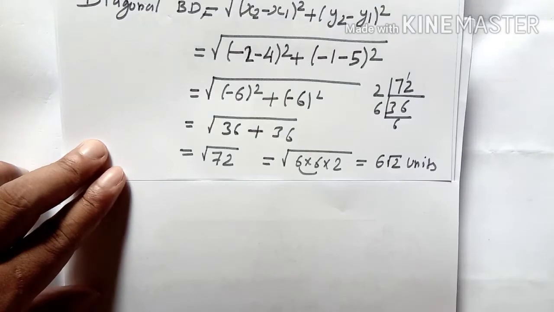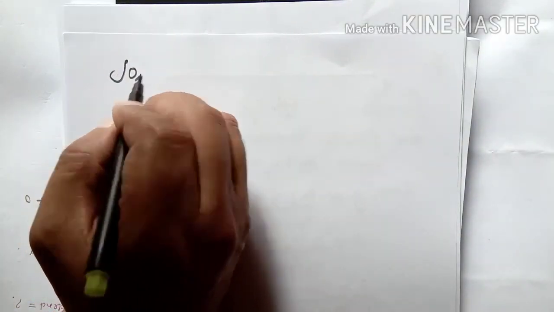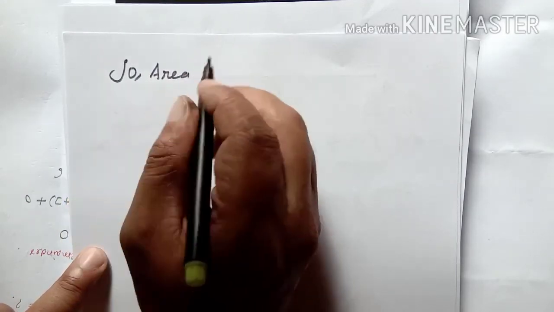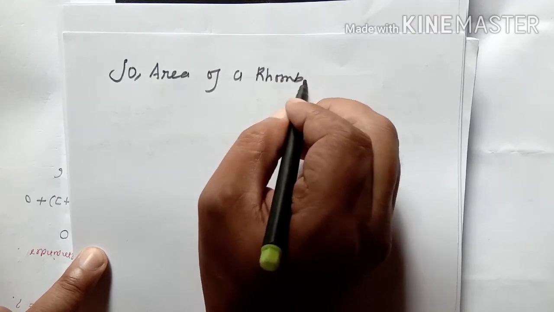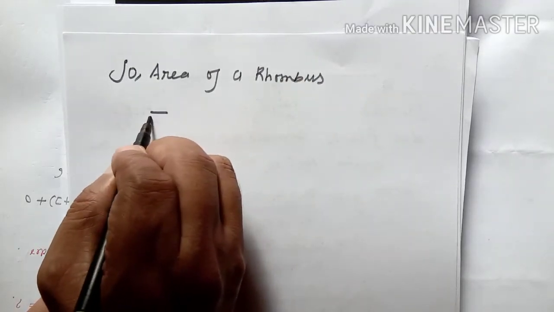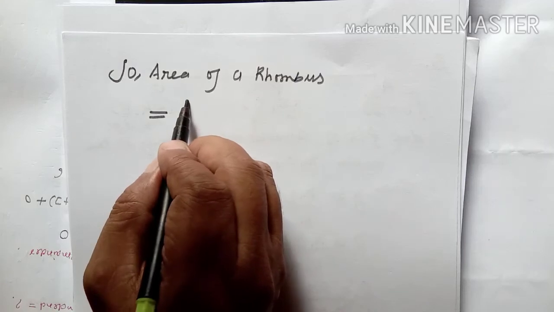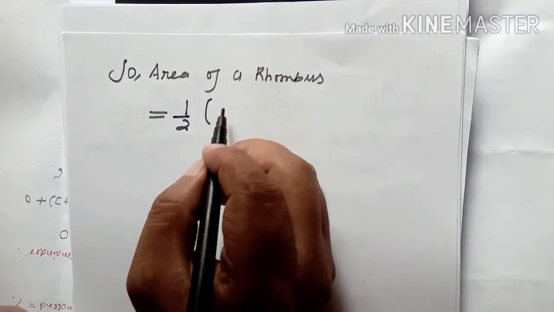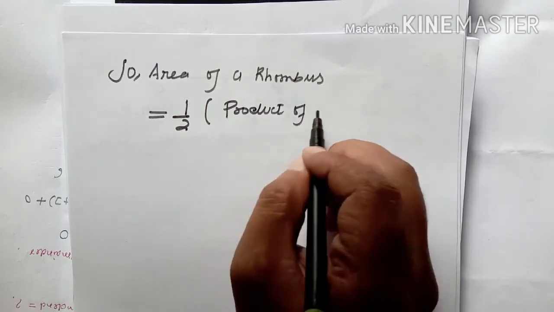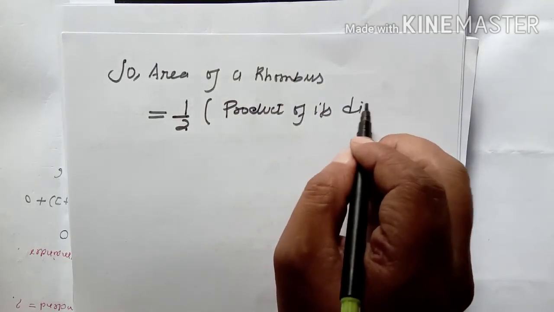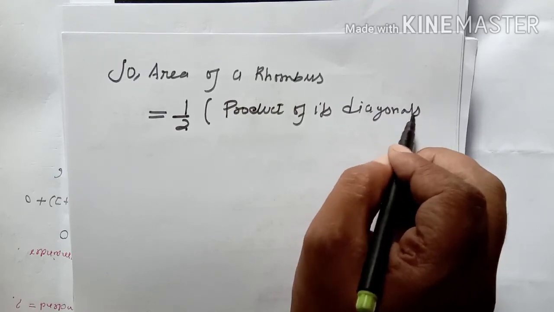But we need the area of the rhombus. To find it, we apply the formula. The area of a rhombus is half into the product of its diagonals.